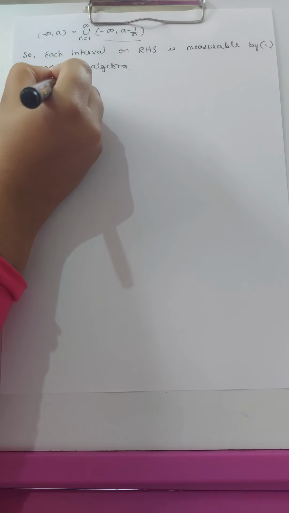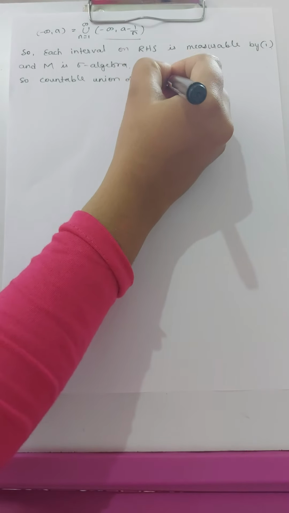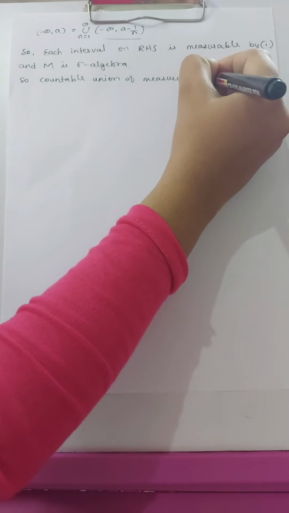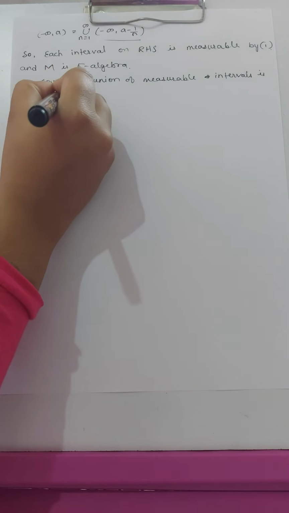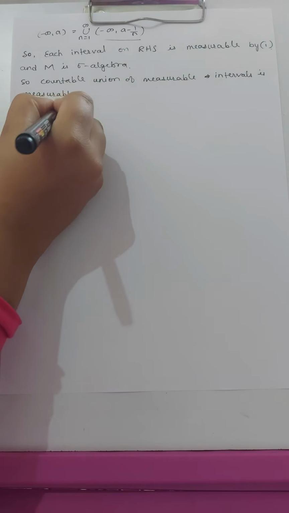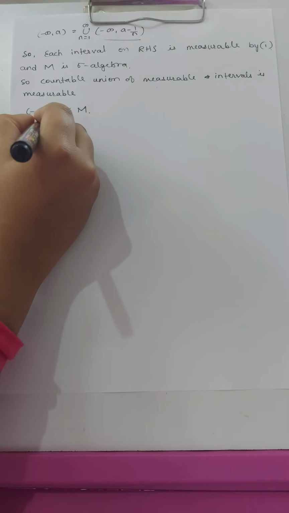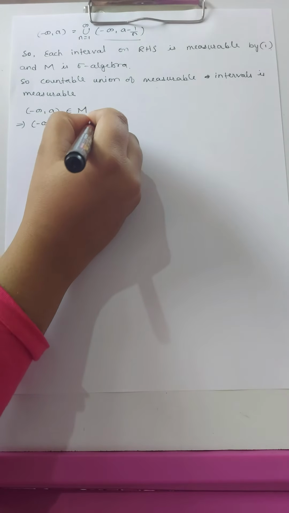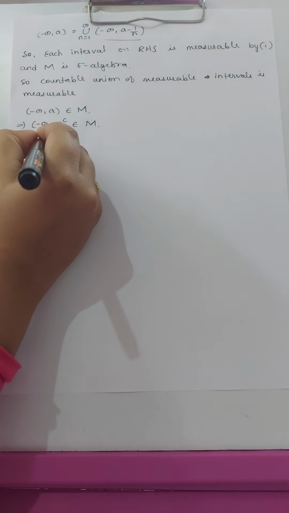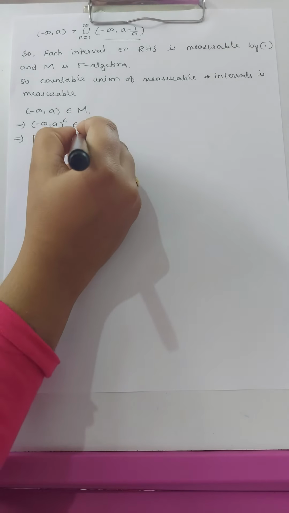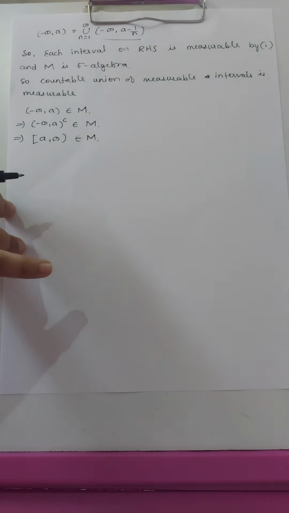So (minus infinity, a) also belongs to the family of measurable sets, and its complement, the semi-closed interval, will also belong to the family of measurable sets.